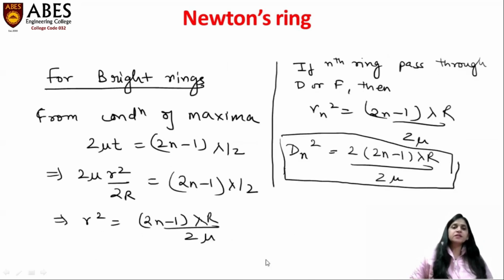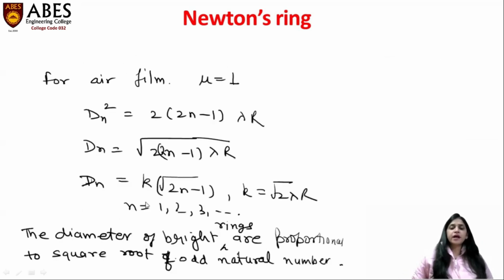Then we calculated the diameter for bright rings, in which we saw that the diameter of bright rings are proportional to the square root of odd natural numbers. And I said this is an important conclusion because the question is also asked from this concluding line: show that diameter of bright rings are proportional to the square root of odd natural numbers.